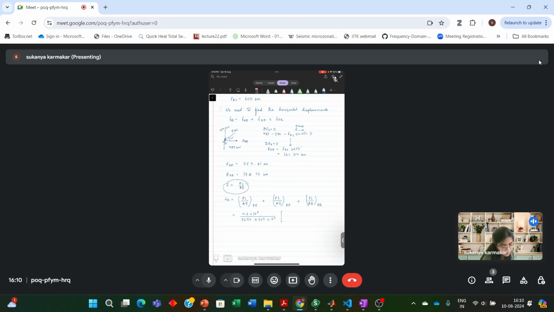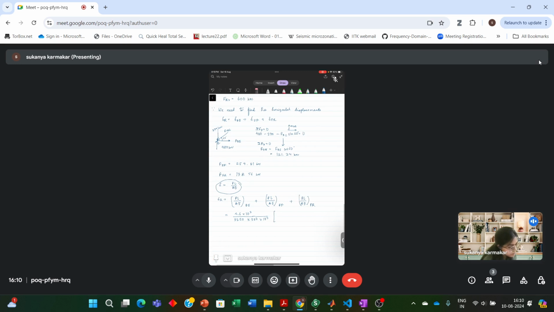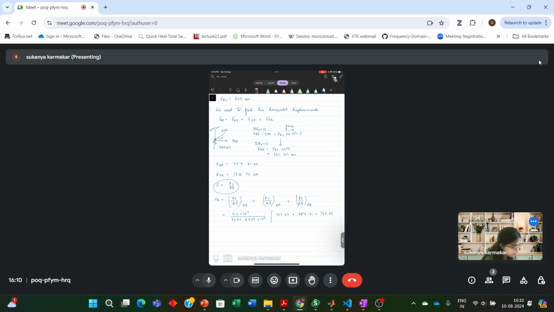And what is remaining is the force values in Newton. So substitute them: 121.24 plus 259.81 plus 138.56 into 10 to the power 3. So if you solve this, you will get this to be about 3.55 mm. I hope this question is clear.